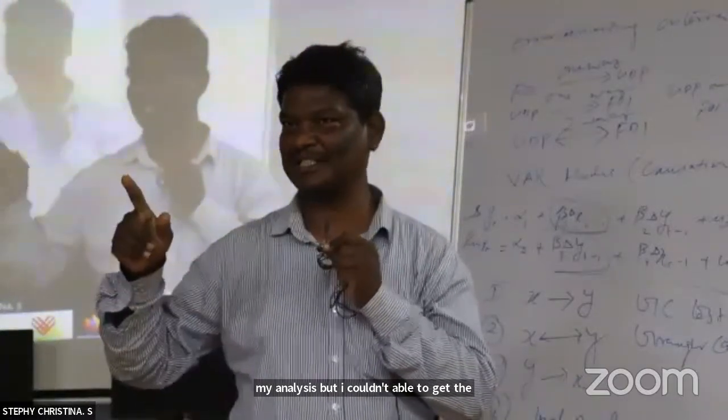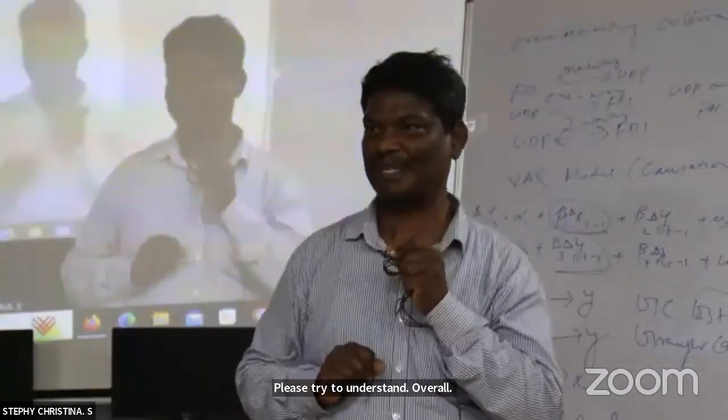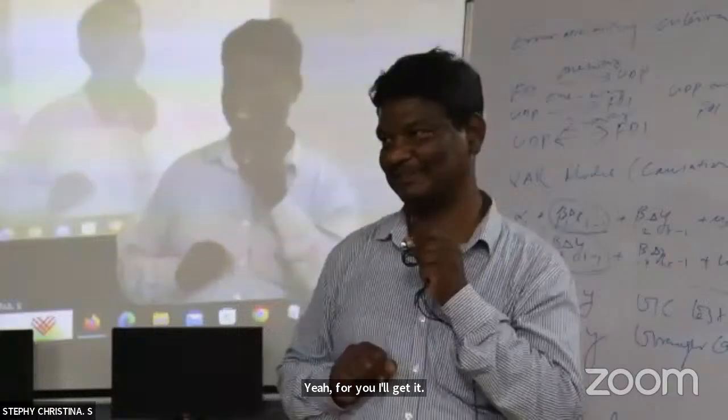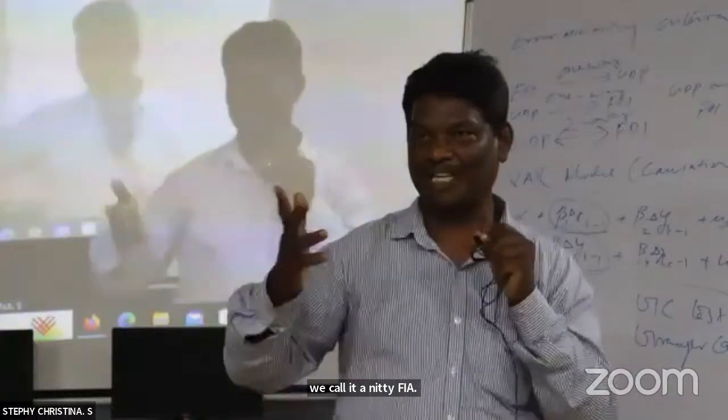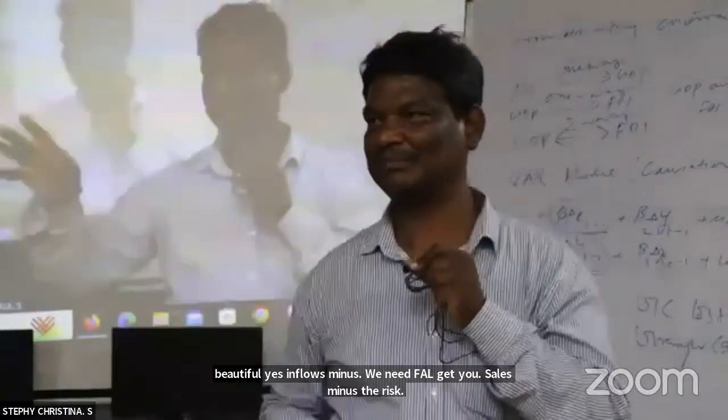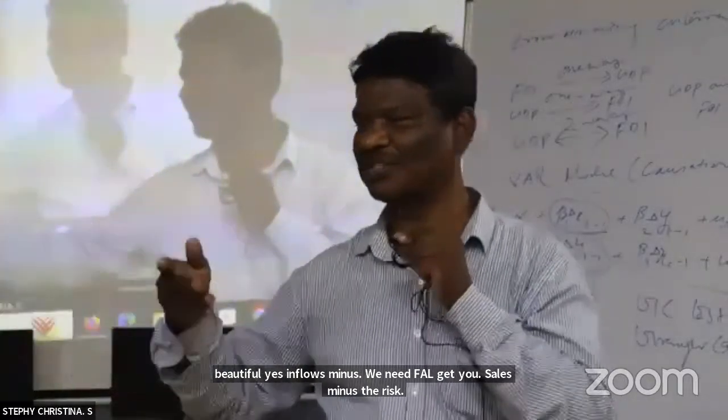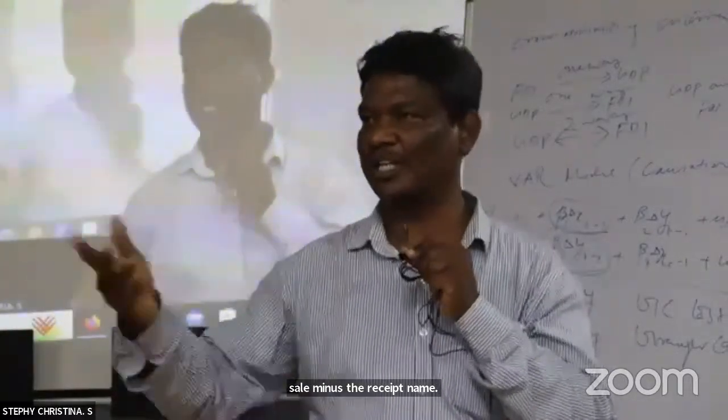Please try to understand. Overall FII, I'll get it. We call it net FII: inflows minus outflows. If you calculate, it is sales minus receipts, or inflow and outflow.